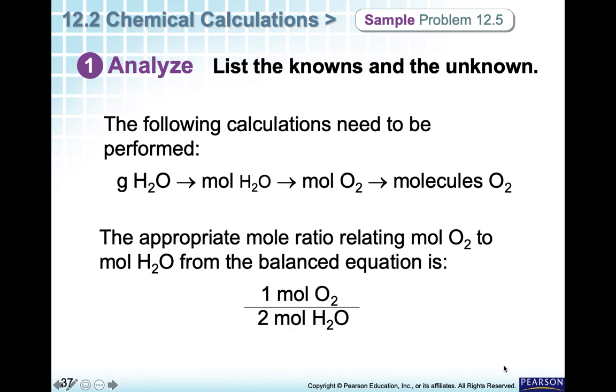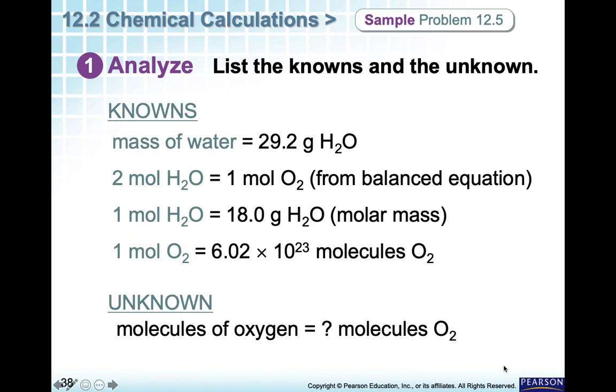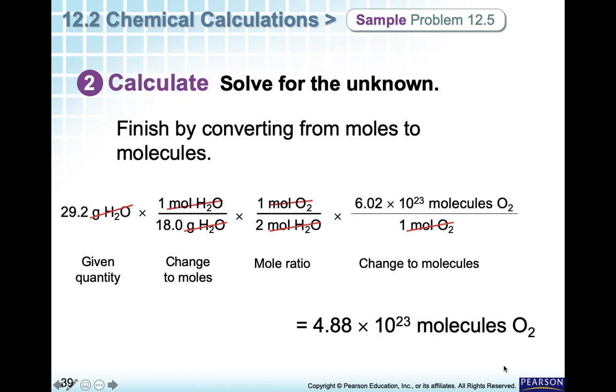And lastly, to get from moles of oxygen to molecules of oxygen, you are going to need Avogadro's number. So here's the various conversions you need and your known and unknown. Go ahead and pause here and see if you can work through to the answer. Okay, I'm going to go on.